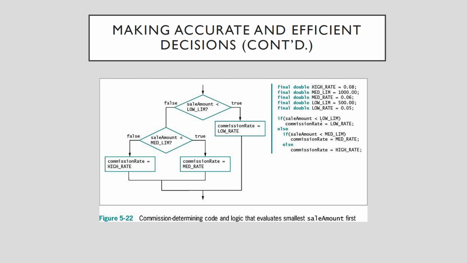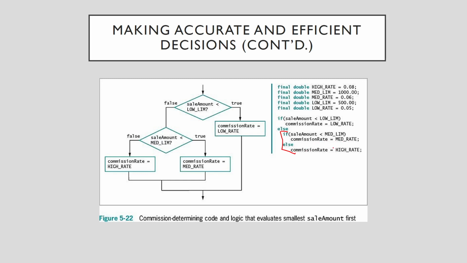If sale amount is less than low limit, commission rate is equal to low rate. Else, inside the else statement, we have the if-else statement, meaning if the first Boolean expression is false, it will go here and evaluate the if-else statement. If sale amount is less than mid lim, commission rate is equal to mid rate. Otherwise, commission rate is equal to high rate.